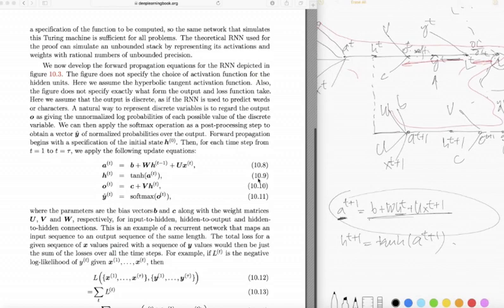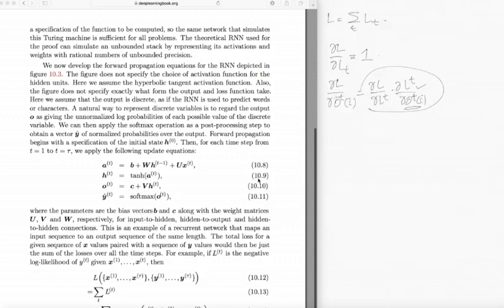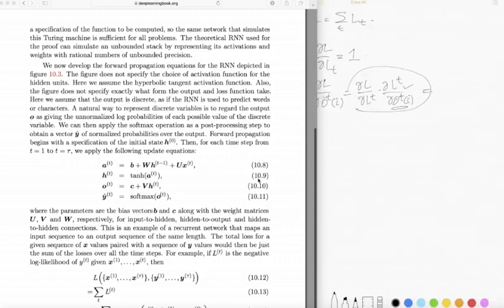We had exactly this scenario in our previous handout, and we saw that these derivatives basically come out to be the predicted label minus the true label. So we had done this. I'm not going to do it again.